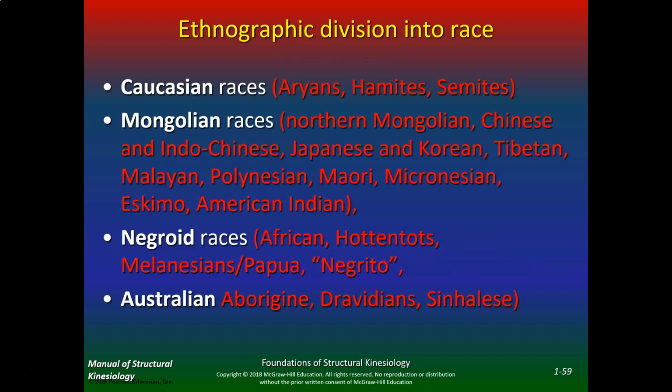Now, did you know that essentially we're just part of 4 races? People always say, hey, where are you from? And really, if you look at the cheek structure of most individuals, you fit into one of 4 races. You're either Caucasian, Mongolian, Negroid, or Australian.